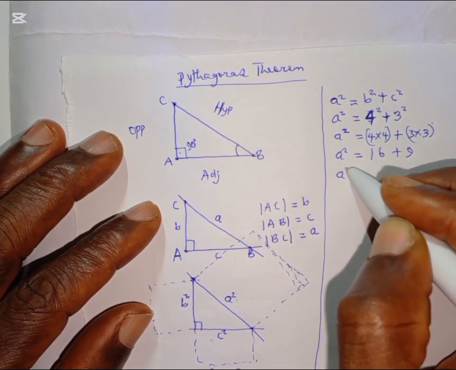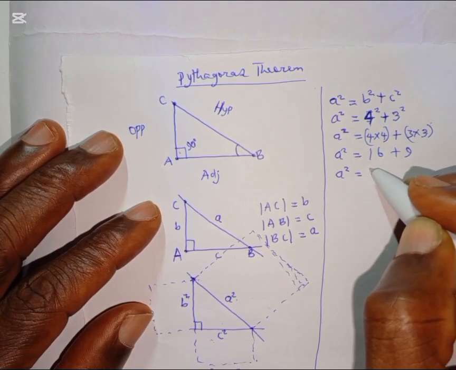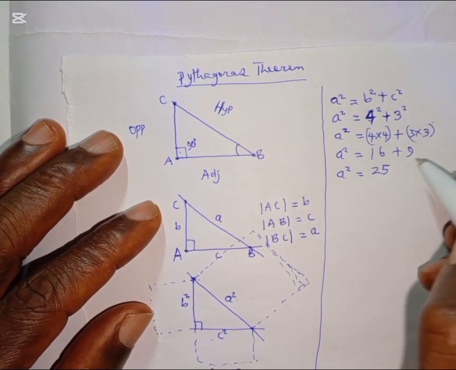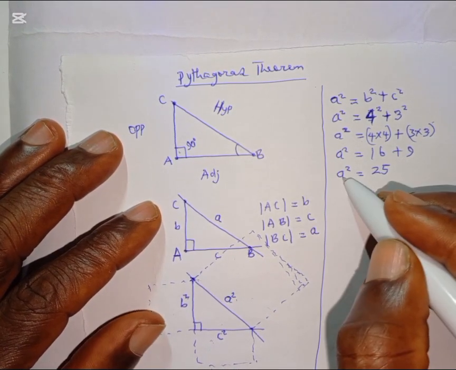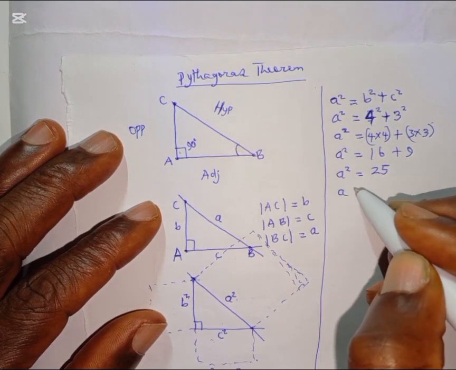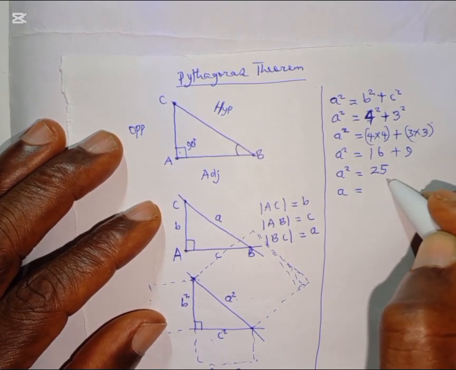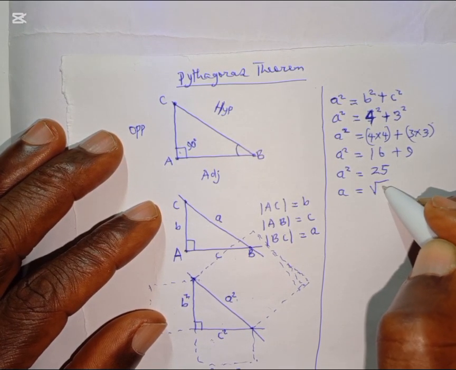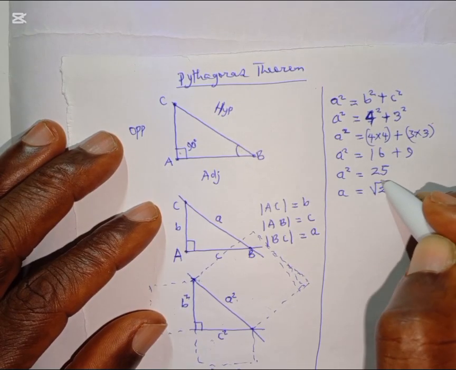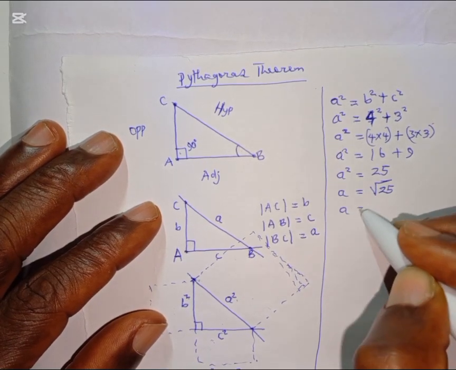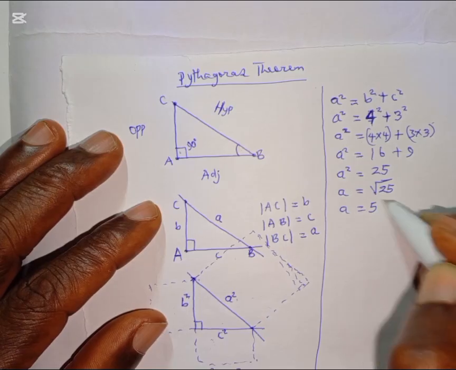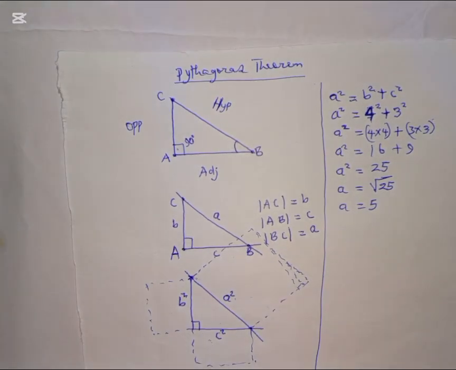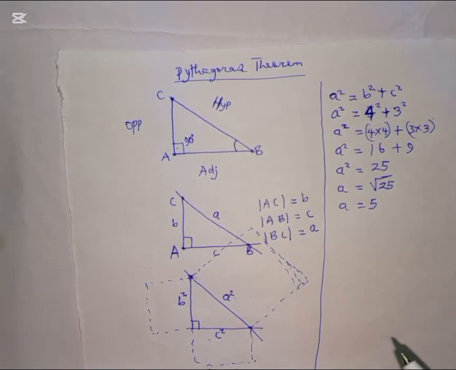So a square is equal to 25. So if we want a alone, a is equal to the square root of 25. So a is equal to 5. That is 5 centimeters, 5 meters, whichever one is most conducive.